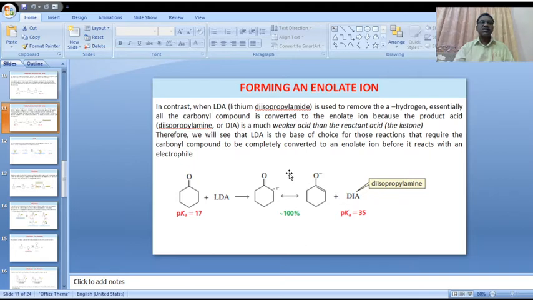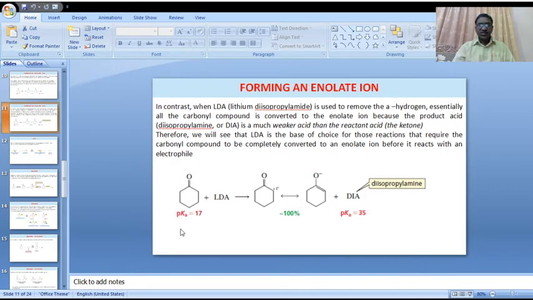Essentially, all the compound is converted to the enolate ion because the product acid, diisopropyl amine, is much weaker than the reactant acid. This is very important information.